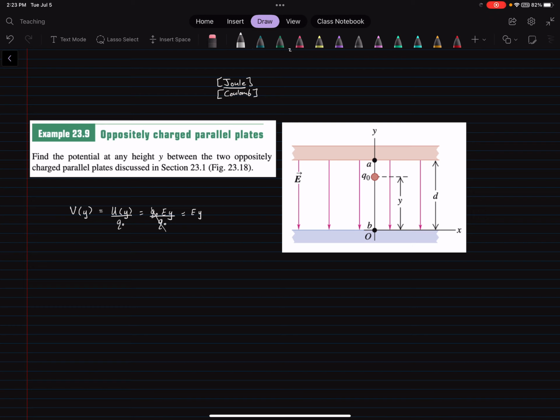You can plug things in and demonstrate for yourself. Our result shows that V at y equals 0 is equal to 0. There's 0 potential down there at the origin, because you plug in 0, E times 0, so no matter what the electric field is, at the bottom there's 0 potential. And at any point up here, like say D, you would plug that in and get the appropriate potential.